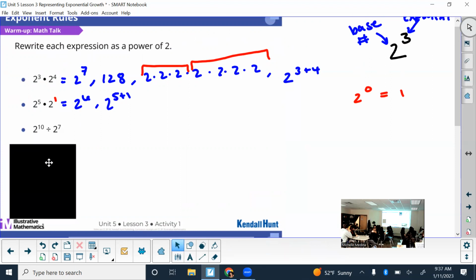All right, then here's the third one. 2 to the 10th divided by 2 to the 7th. Rewrite it as a power of 2. Put your thumb up when you think you have an answer. If you're confused, try looking at your cheat sheet, see if you can figure it out from there.